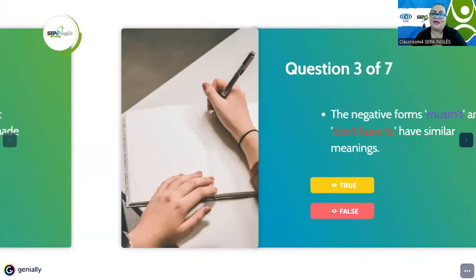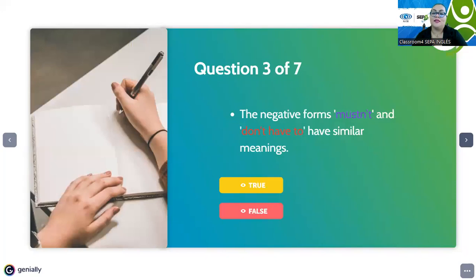Then we have the next question. The negative forms mustn't and don't have to have similar meanings. True or false?